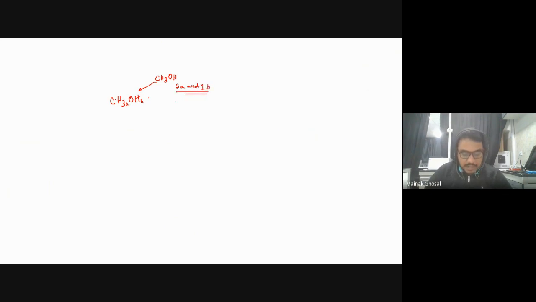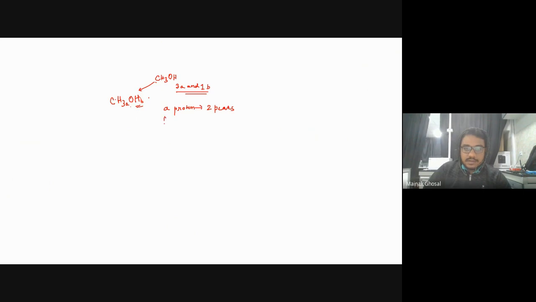In the NMR, how many peaks will be there? For A proton, meaning this CH3, according to the n plus 1 rule, there is only one hydrogen over there, so this will be 2 peaks.